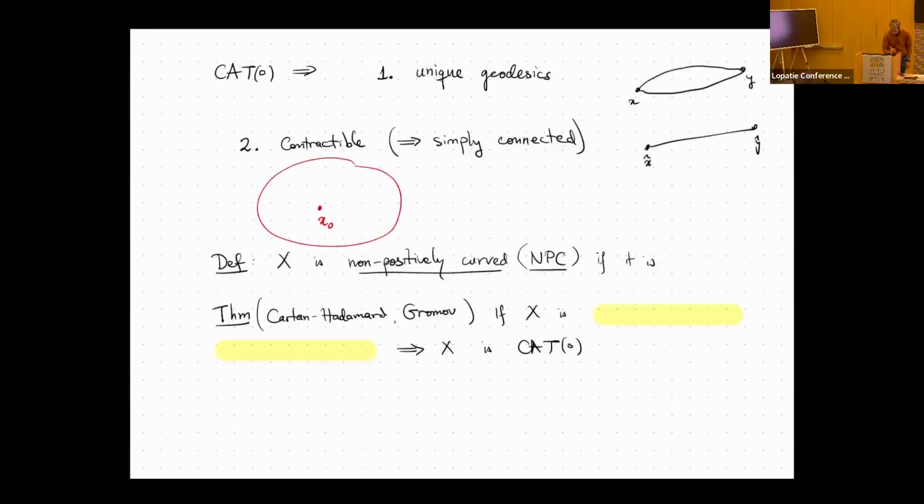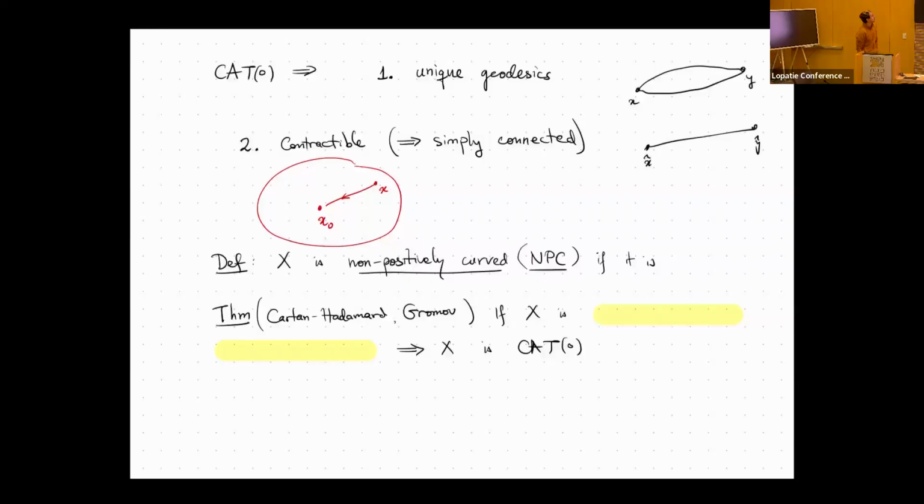Then define this continuous deformation as: take a point x and start moving it along a geodesic towards x0. And you might think this always works, but it doesn't always work. The issue here is that CAT(0) gives you continuity of this map.